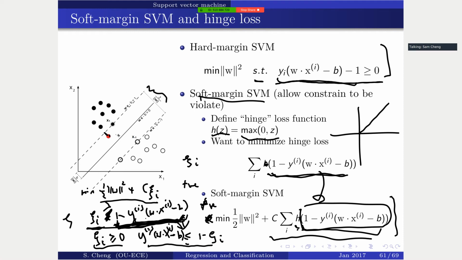When this constraint is satisfied, this will be negative, so Ci just has to be bigger than or equal to 0. Then I can pick Ci equal to 0. But when the constraint is not satisfied, this guy is positive. Then out of these two conditions, I need to pick Ci bigger than or equal to this guy. Then of course I am trying to minimize this plus C times Ci here, so I'll just pick Ci equal to this one.